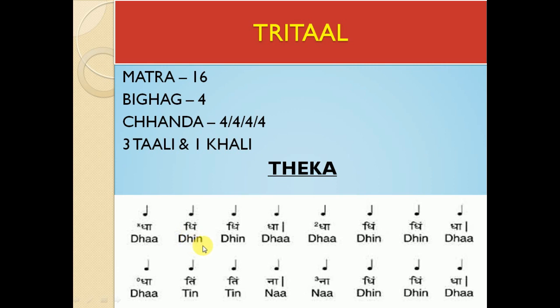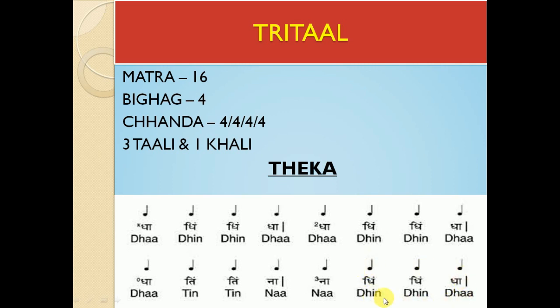Say dhin, dhin, dha. There are no numbers, you use your fingers. Then dhin, dhin, dha. There are no numbers, we will use our fingers. Then tin, tin, na. There are no numbers here, no symbols here, so we use only fingers. And again finally dhin, dhin, dha. So we use only our fingers here.